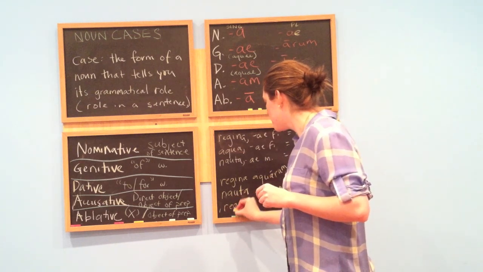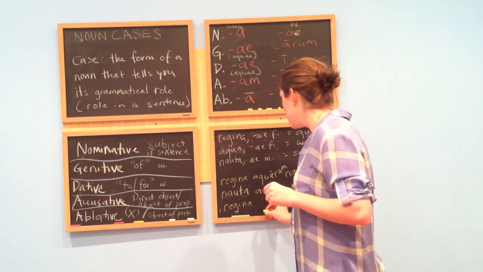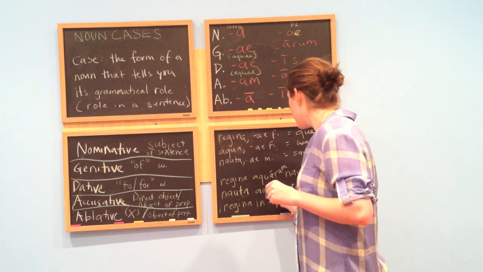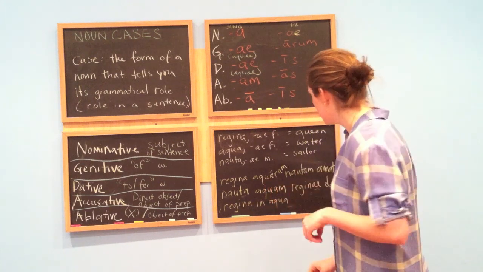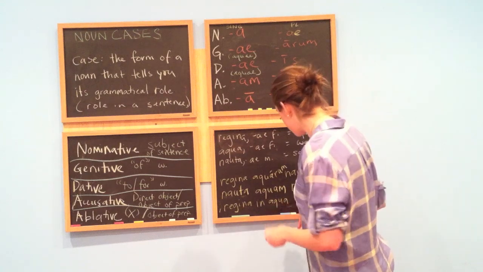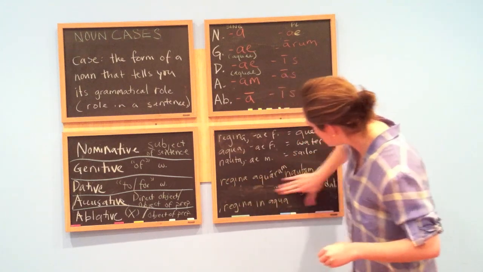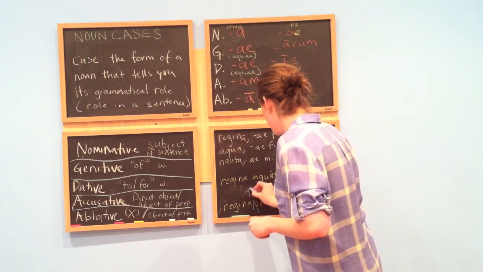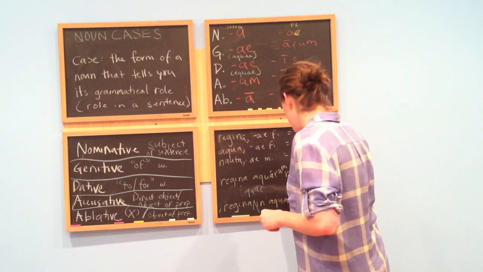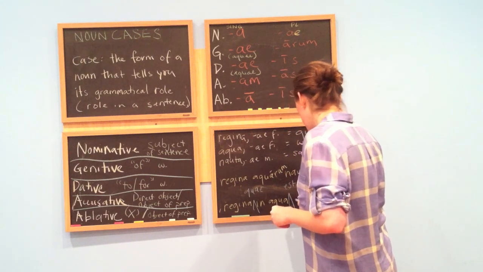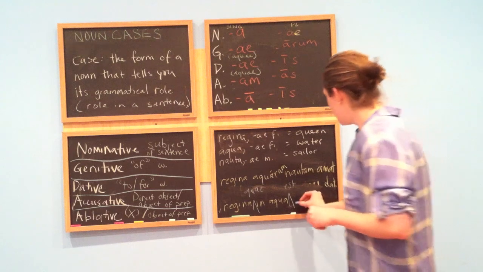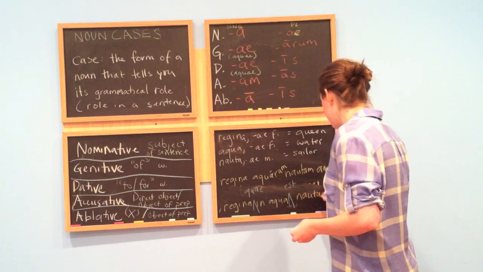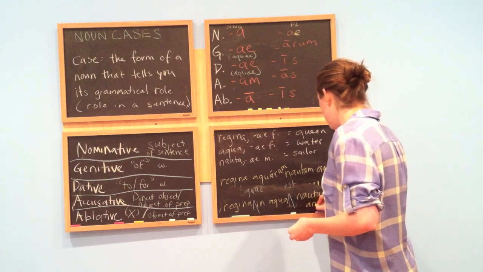So let's say that the queen, in the nominative, the queen in aqua, or you could even say, to make more sense, you could say the queen who in the water is, the sailor loves the sailor.